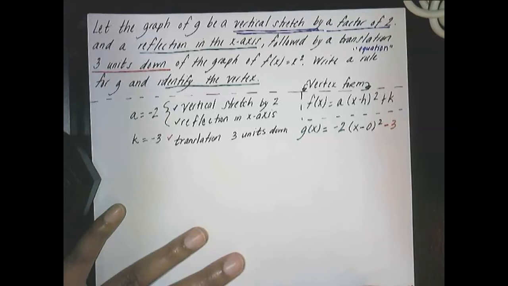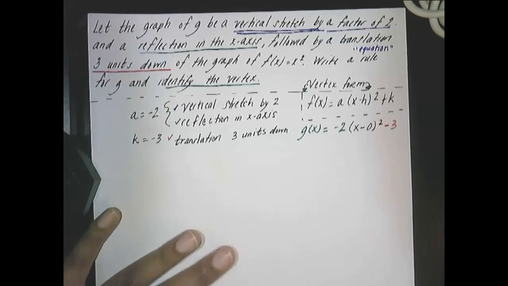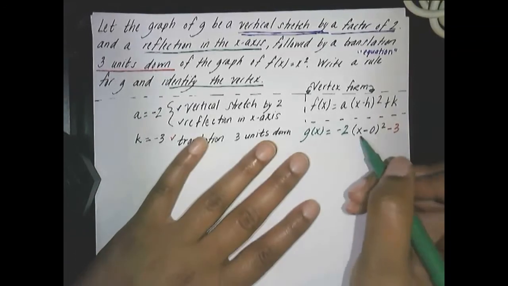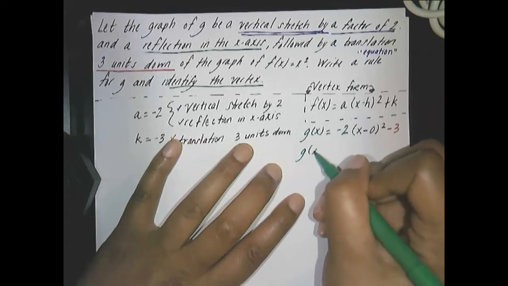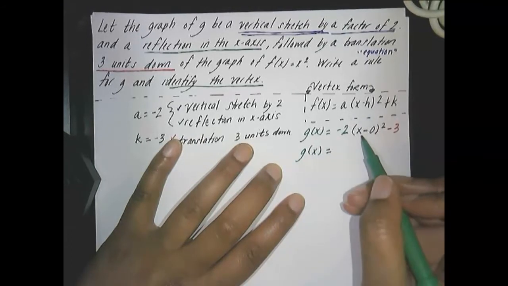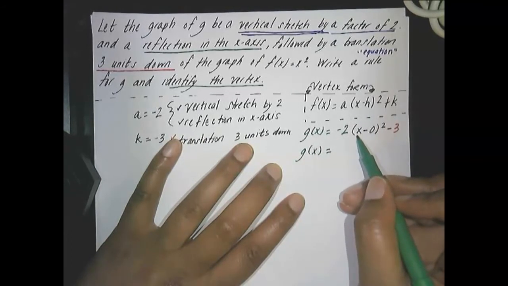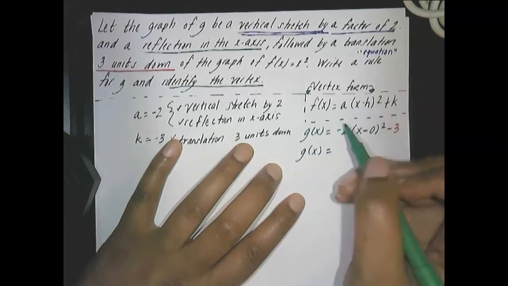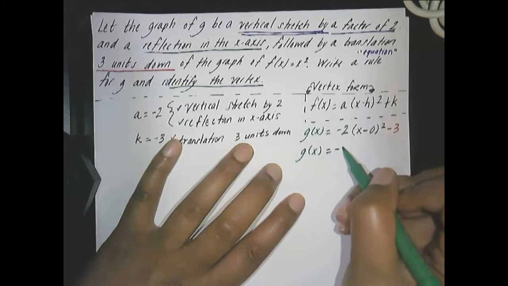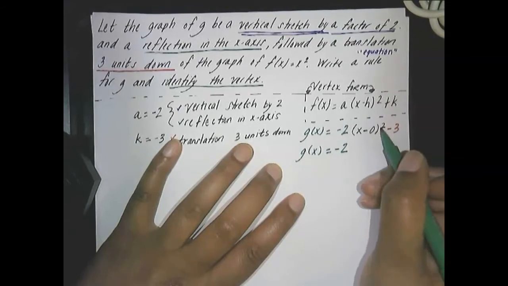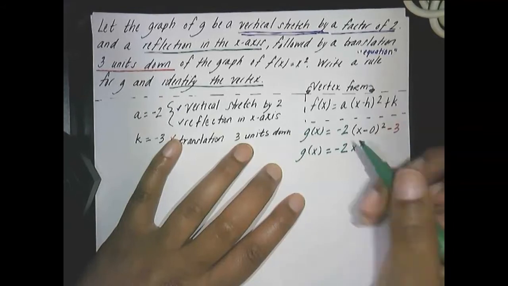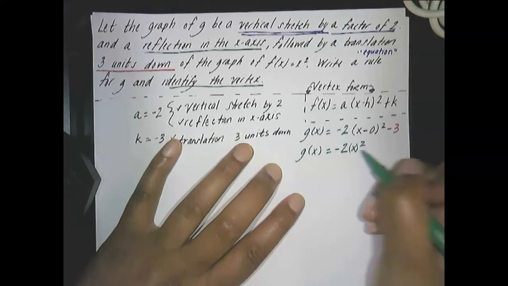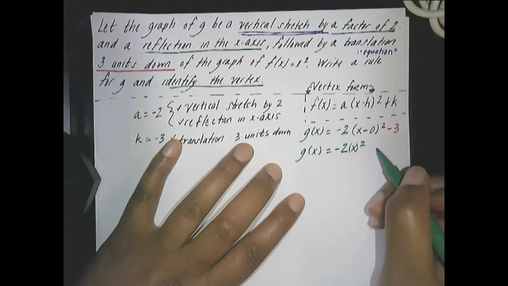But what we want to do is simplify this a little bit. We don't need x minus 0. So we can rewrite this as g of x equals -2, and x is still squared, and just bring down the -3.